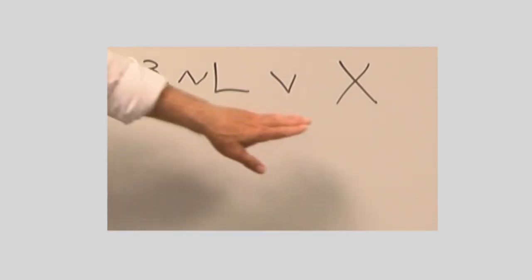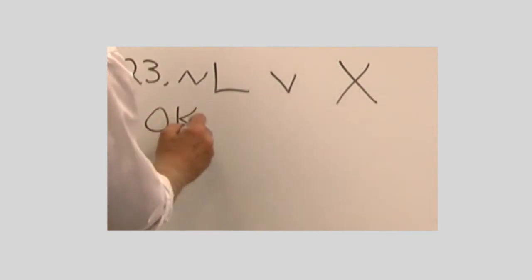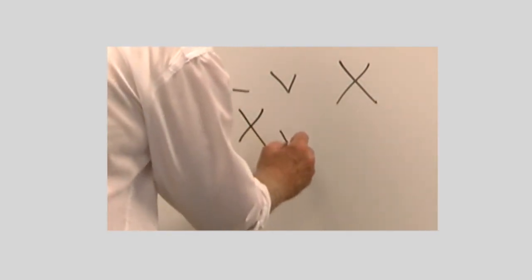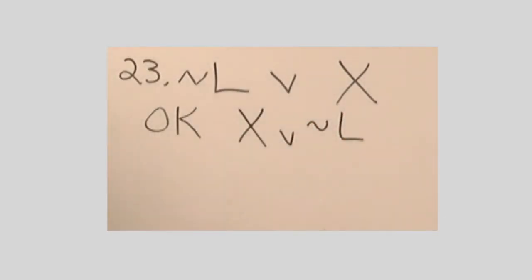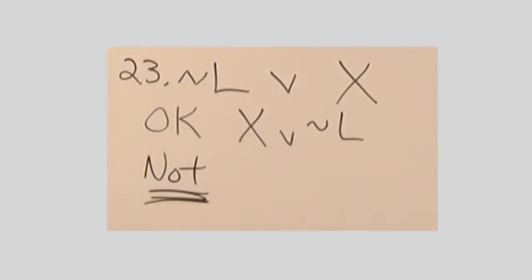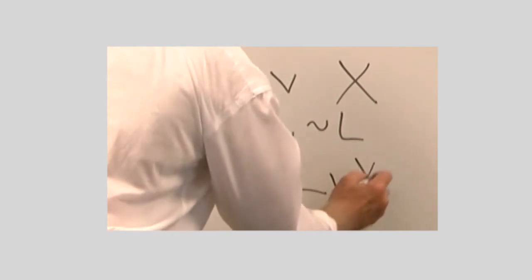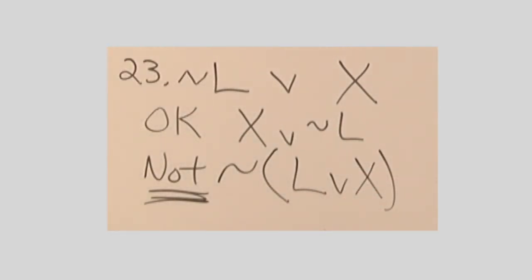This is the correct translation, not L or X. Now, there's a couple of things that I can point out here by the principle of commutativity. It would be okay to reverse the order and say X or not L, as long as you've got the tilde on the L. But it would not be correct to have a tilde on the outside of a set of parens and put this inside of the parens. This means something different.